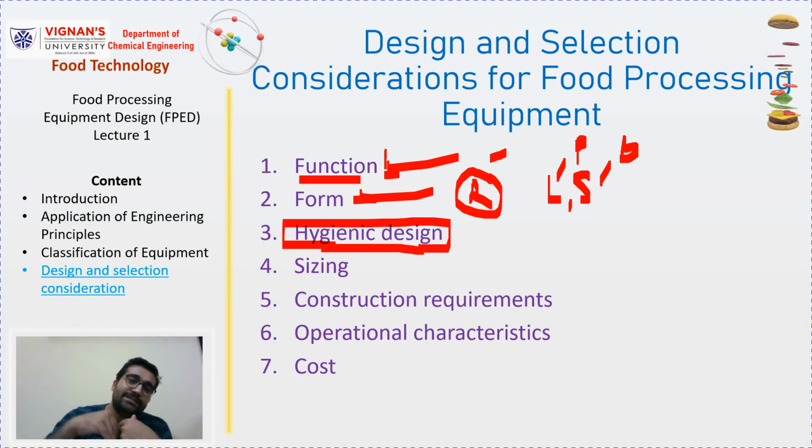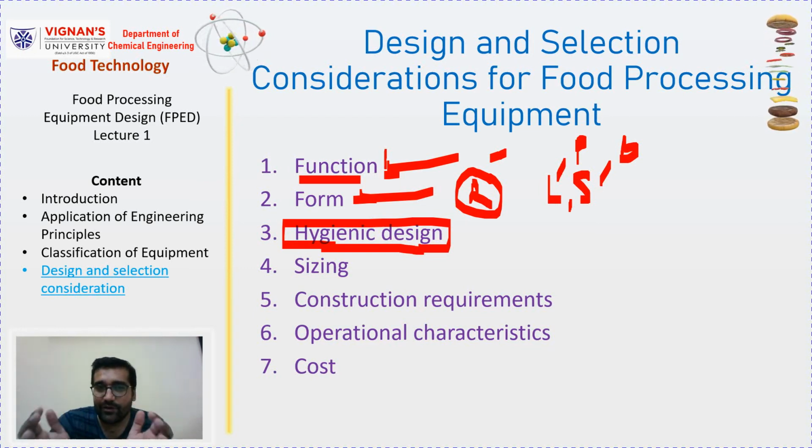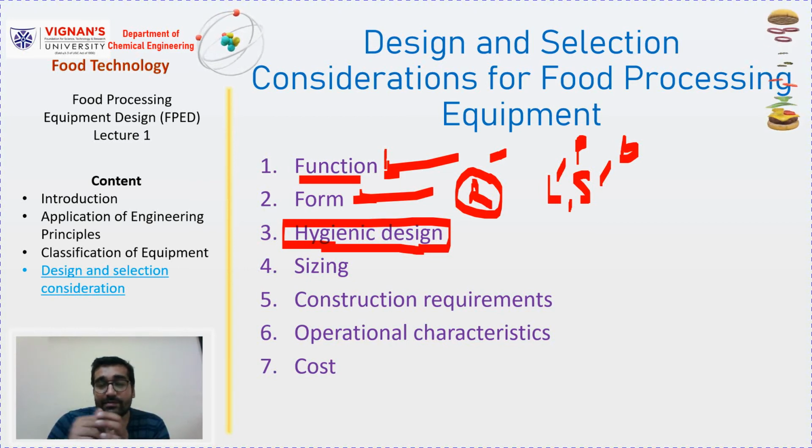And suppose one batch is done, and when we are filling the next batch into the silo, we are going to spoil all the milk, and it is also going to create a problem in terms of food safety if we are going for further processing.